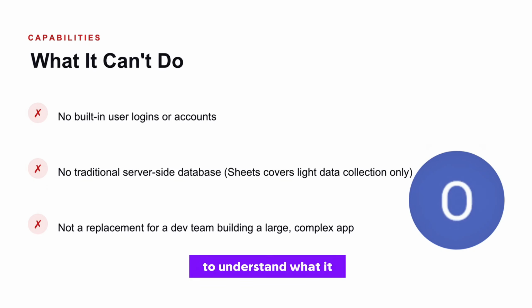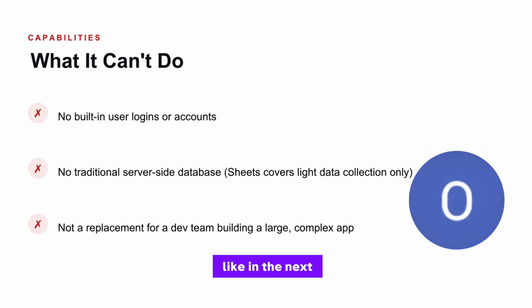Now, we also need to understand what it cannot do so that we are going to be able to work with it properly. No built-in user logins or accounts because there is no proper backend. Do we understand? There's no complex backend. Now, I want us to understand that what it cannot do is as we speak right now, because they are always developing this AI.